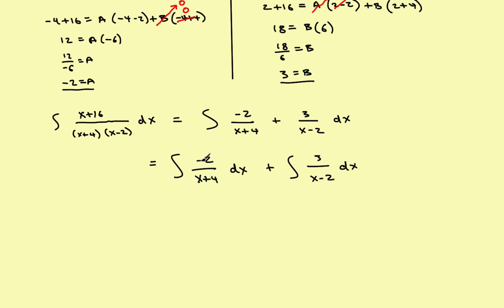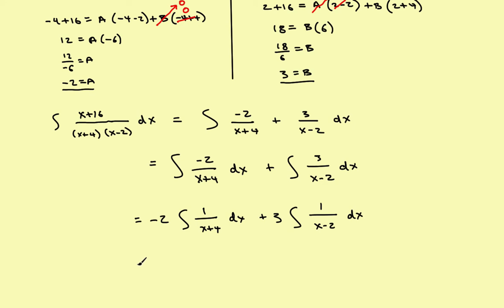And again, I've got a constant here, so on both of these I'll factor out the constant, which leaves me with this. This is going to be minus 2 times the integral of 1 over x plus 4 dx. And then in this one, I'll factor out the 3, so I'll have plus 3 times the integral of 1 over x minus 2 dx.